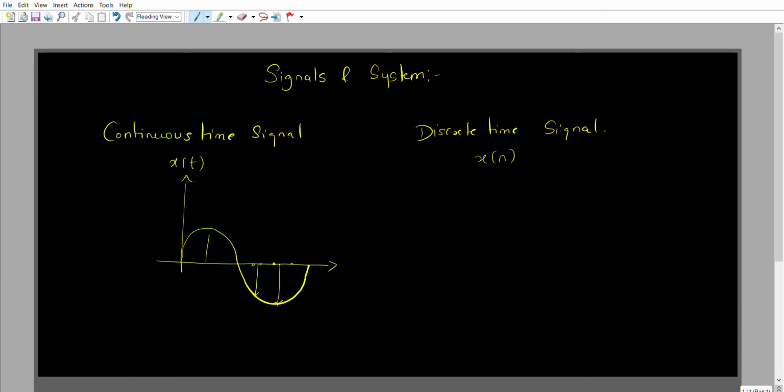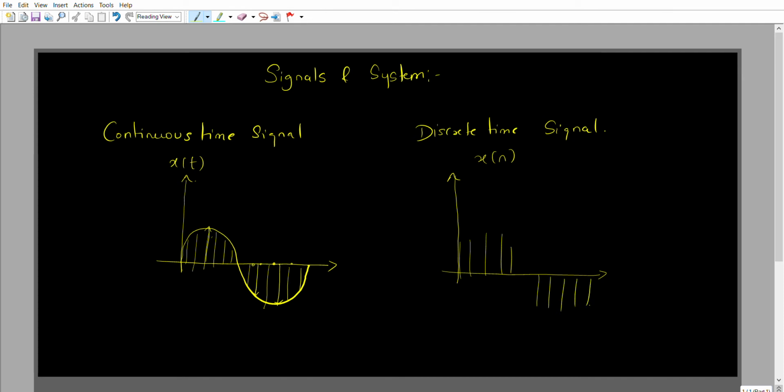So I can choose any point here on the timeline and I can say there is a signal appearing at that point. Now if I sample this continuous time signal, that means if I start dividing this continuous time signal like this, and put it on the other waveform, this is called a discrete time signal.